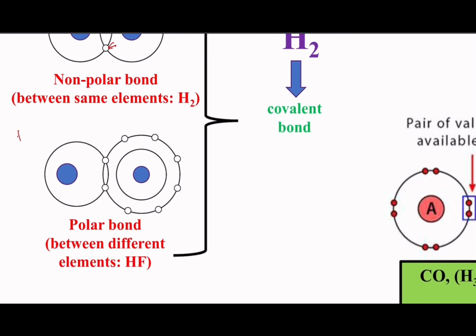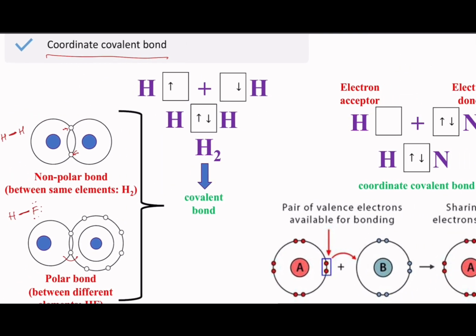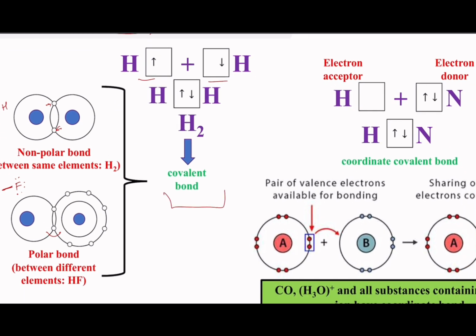It's the same with hydrogen fluoride: each brings one electron, fluorine has 7, and they share the bond. This is called a covalent bond.